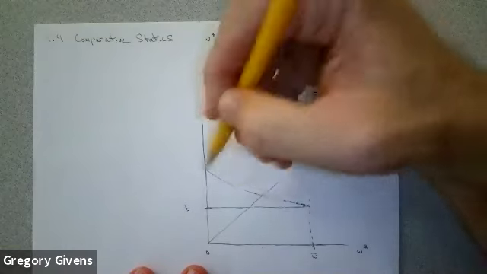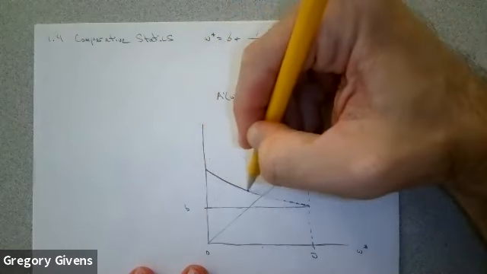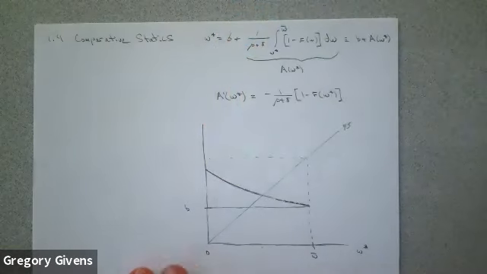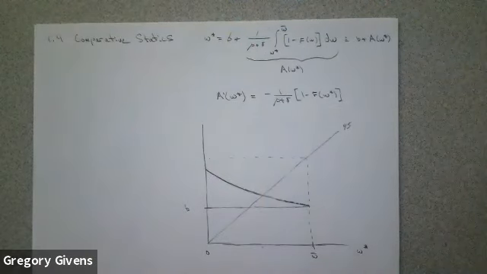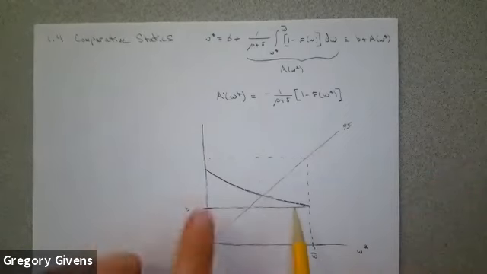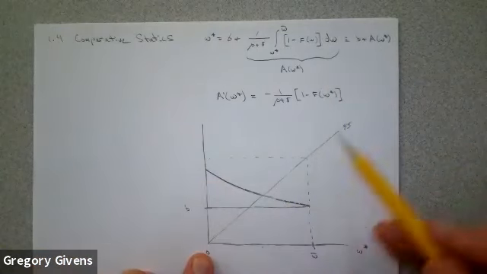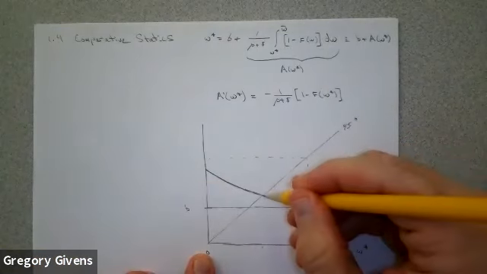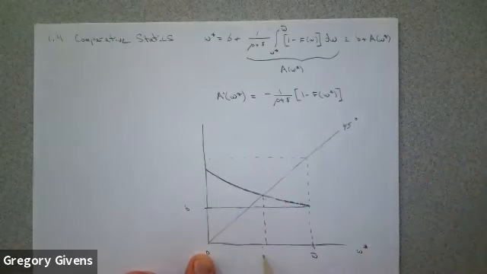It is strictly decreasing and convex towards the origin, because the second derivative of A we showed was strictly positive, I believe. Yes, that's correct. So where the right-hand side of this equation intersects the left-hand side, or the 45-degree line, tells us exactly where our equilibrium reservation wage belongs.